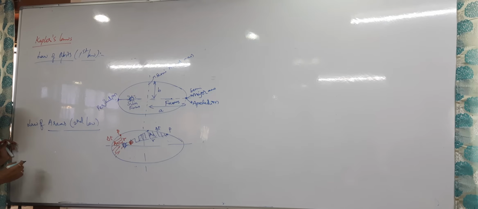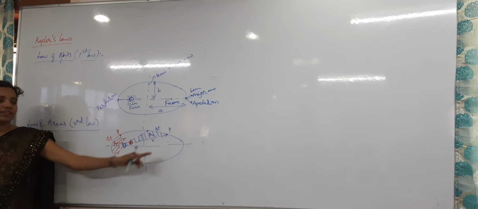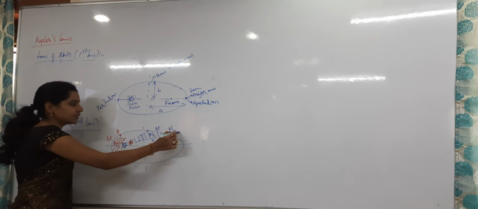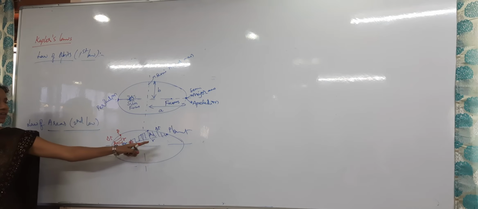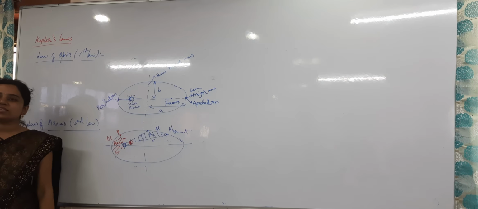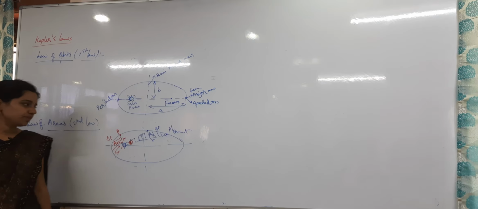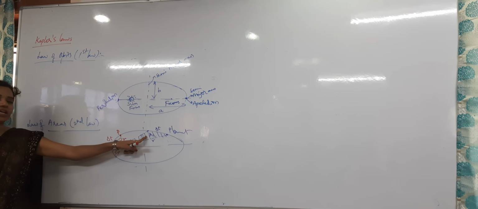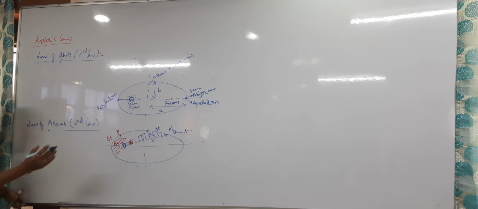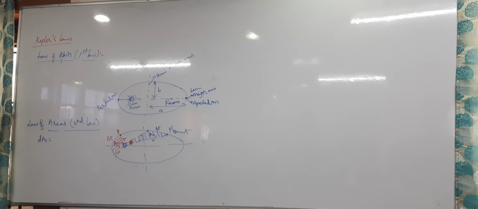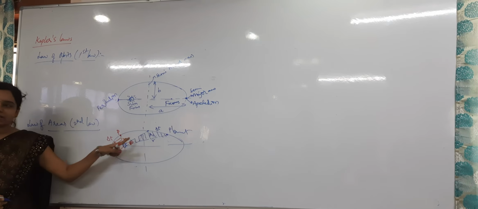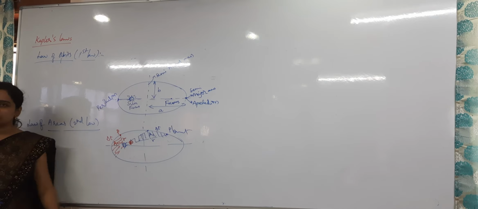Draw fast. Here I have said that the planet will cover, this is a planet, P, equal areas in equal intervals of time. First of all, I will find the area A1. Since it is changing, I will take it as dA1. Can I take it approximately as a triangle?